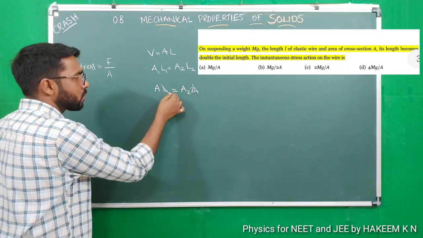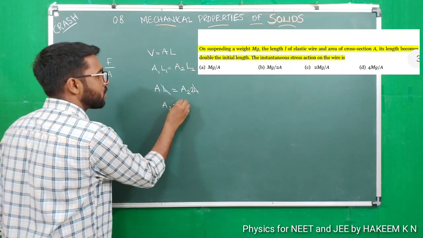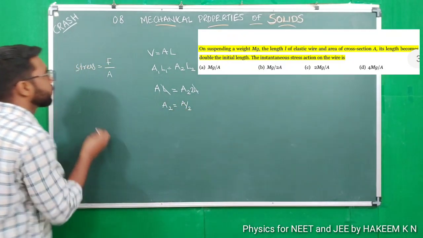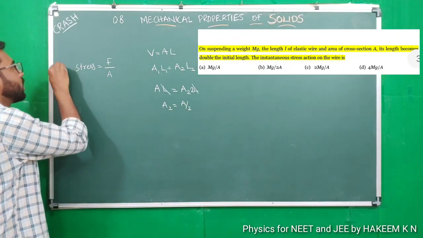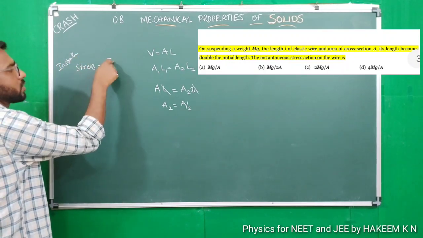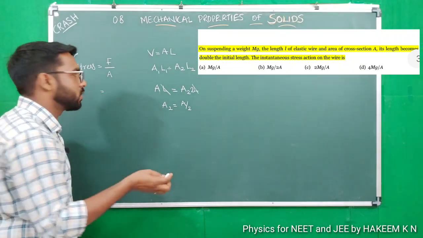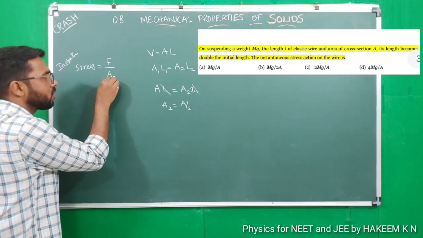So we will get A2 equal to A by 2. New area is A by 2. So instantaneous stress is restoring force by instantaneous area when length is doubled, that area we can write A2.